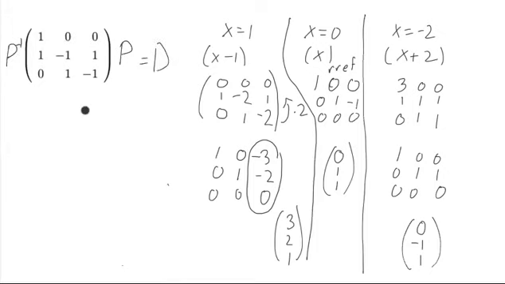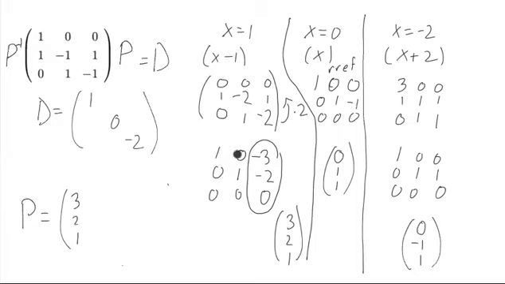This diagonal matrix is simply going to be a matrix with the eigenvalues going down. So 1, 0, -2. And then in the corresponding positions for the matrix P, we put the respective eigenvectors. So here we'd put 3, 2, 1 corresponding to the 1. We'd put 0, 1, 1 corresponding to the 0. And we'd put 0, -1, 1 corresponding to the -2. And with that, if we find the inverse of that, we can multiply this out, get the diagonal, and we have successfully diagonalized this matrix right here.